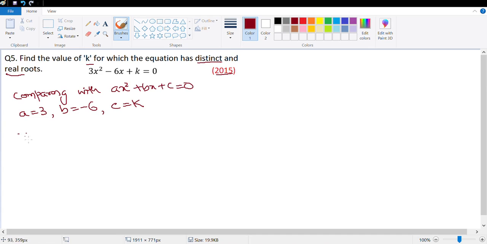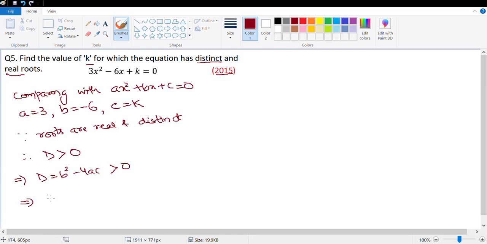Since roots are real and distinct, it means therefore D is more than 0, which means D is equal to b square minus 4ac is more than 0.